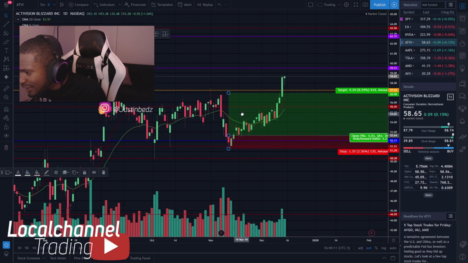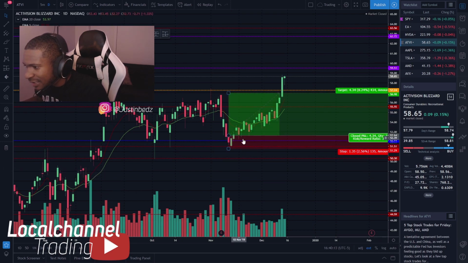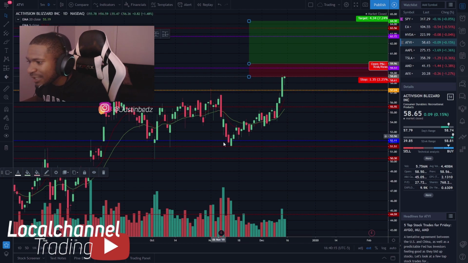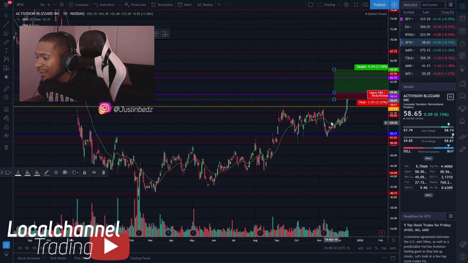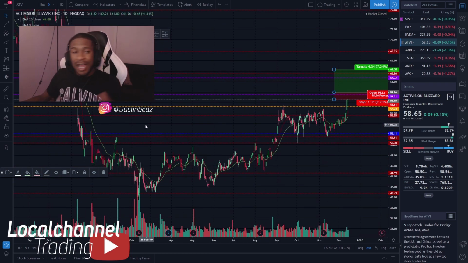Over here we have where we entered. So we actually entered on this day right here. Let me just move this for right now. On this day right here, this candle right here, as it did make that new high after it tested this support. So what I did first, before any of these candles were showing, I labeled off these points, these lines of support and resistance.